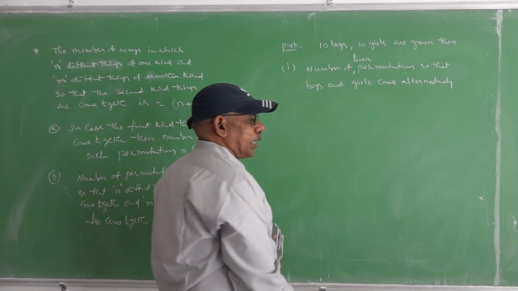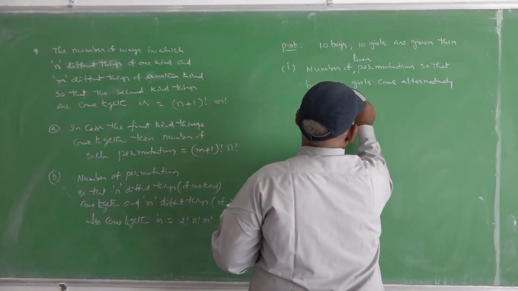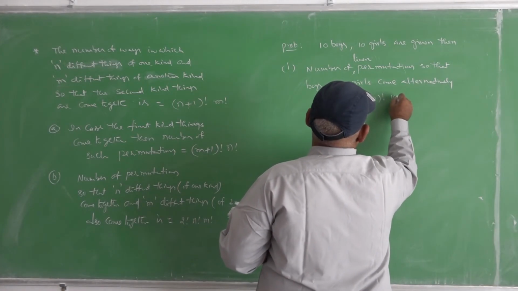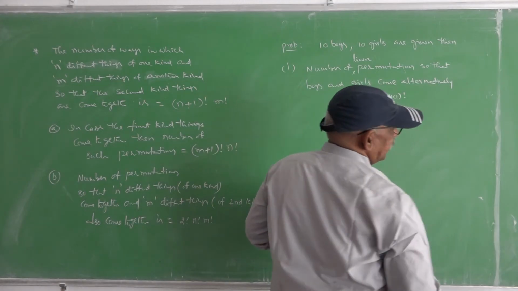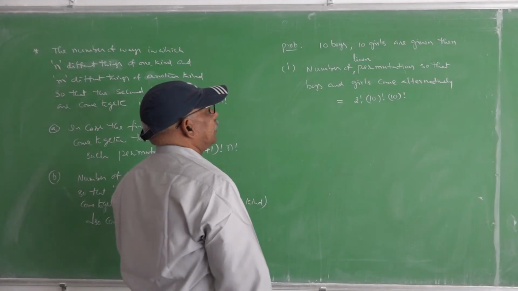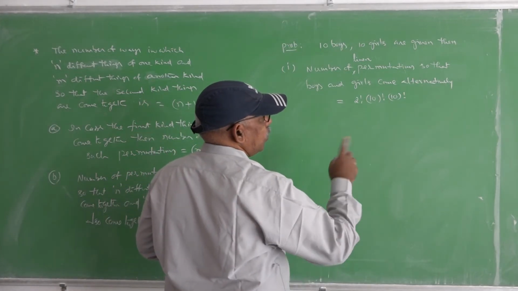That may happen in 2 factorial into 10 factorial into 10 factorial ways. The number of linear permutations so that boys and girls come alternatively is 2 factorial into 10 factorial into 10 factorial.